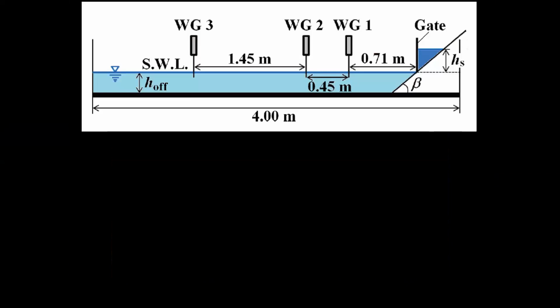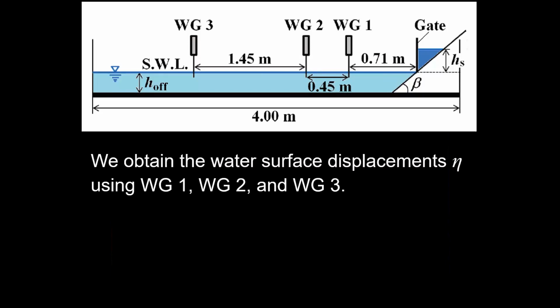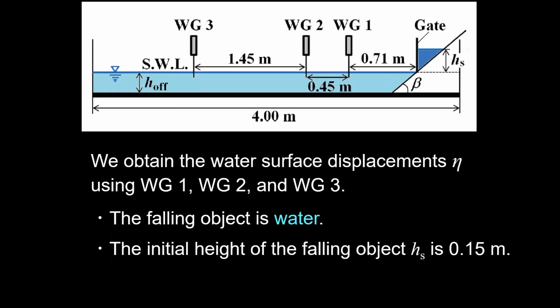We set 3 wave gauges and obtain the water surface displacements eta. In the first case, the falling object is water, and the initial height of the falling object, h sub s, is 0.15 meters.